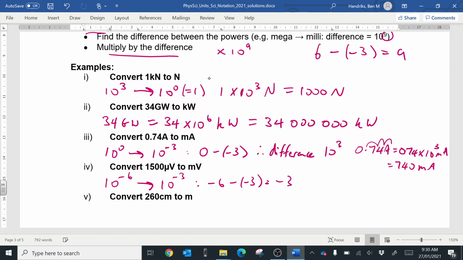So that means that 1500 microvolts is equal to 1500 times 10 to the negative 3 millivolts. Okay, so that is equal to 1.5 millivolts. So if we have a decimal place here, we've moved it back 1, 2, 3 to there, between that 1 and the 5.